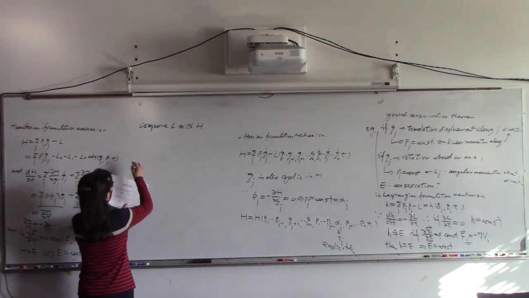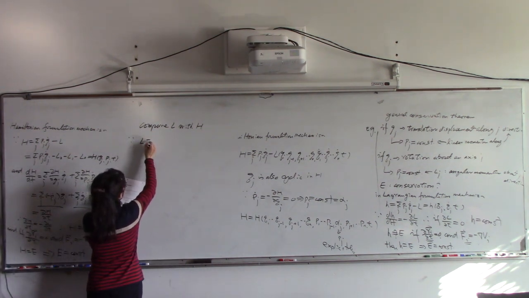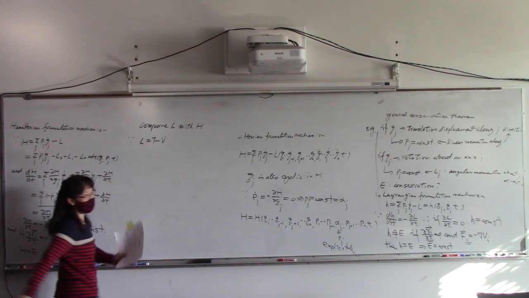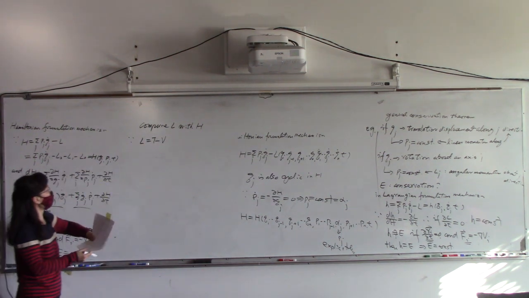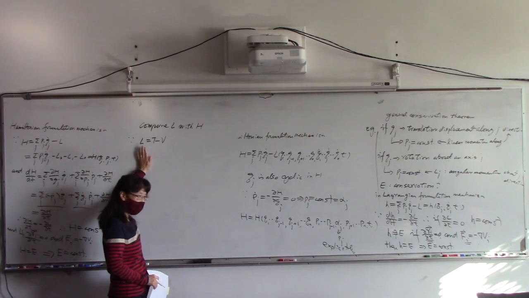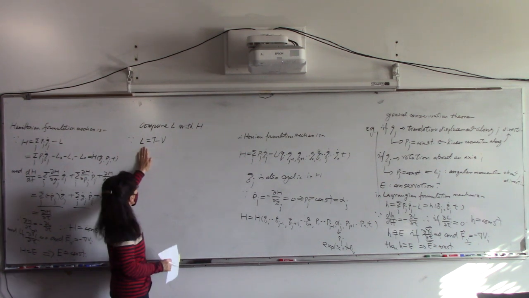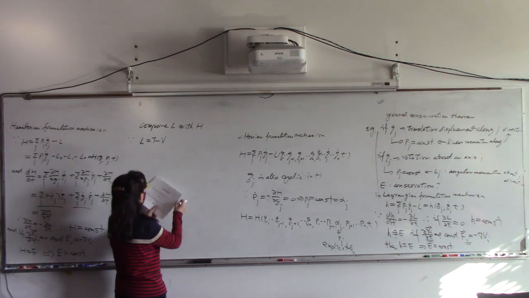Now, first, L is defined as T minus V, right, physically. That is kinetic energy and potential energy, so it includes all the physical information here.